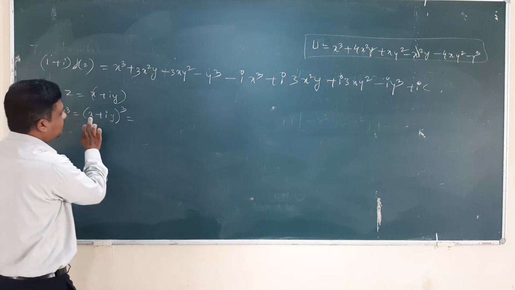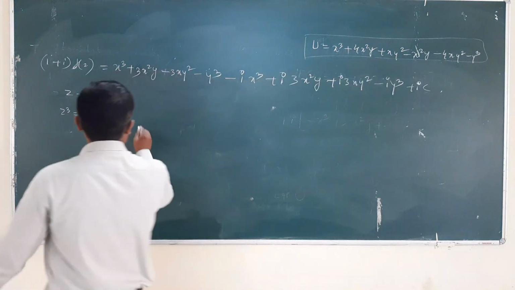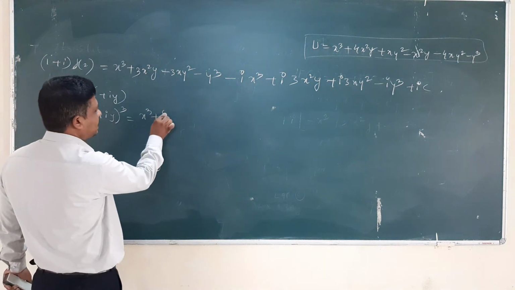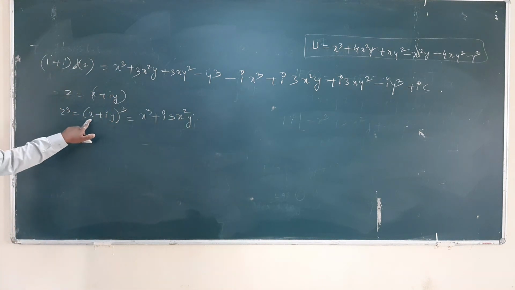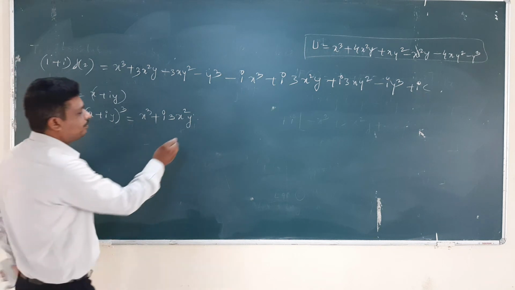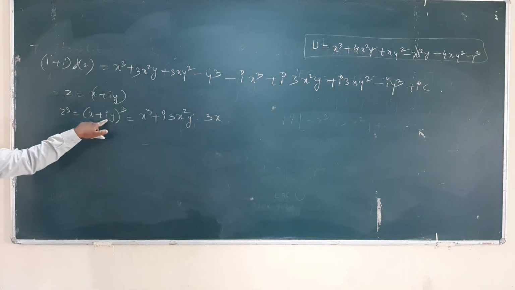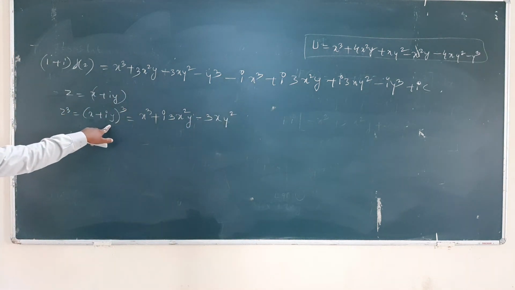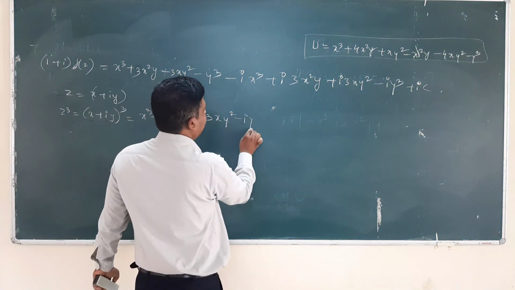Using the (a plus b) whole cube formula, I will get a cube plus 3a square b, that is 3 x square into i y, plus 3a b square, where i square is minus 1, so the remaining is y square, plus b cube, where the value of i cube is minus i, so this becomes minus i y cube.